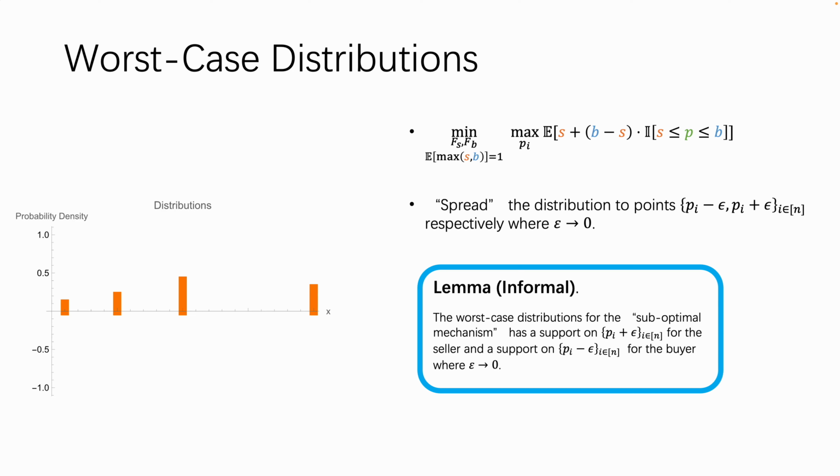To be more accurate, we know that the seller will never put its probability mass on pi minus epsilon, and the buyer will never put her probability mass on pi plus epsilon. So we know that the worst case instance is a discretized distribution like this.